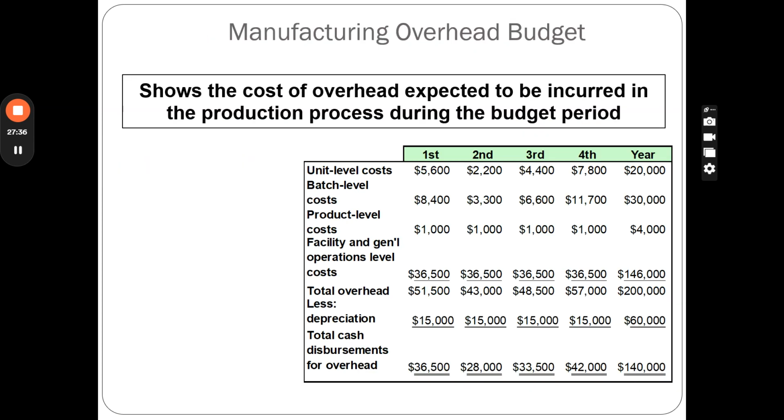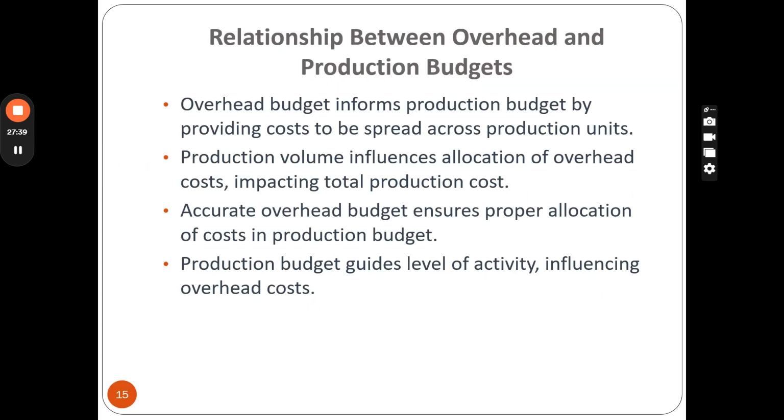Now it is going to be the overhead budget. So overhead budget informs production budget by providing cost to be spread across production units. So how much will you have in overheads? We discussed overhead in section D, and how you are going to spread this overhead cost over the units you are going to produce.